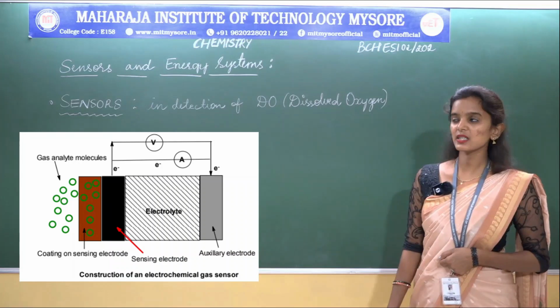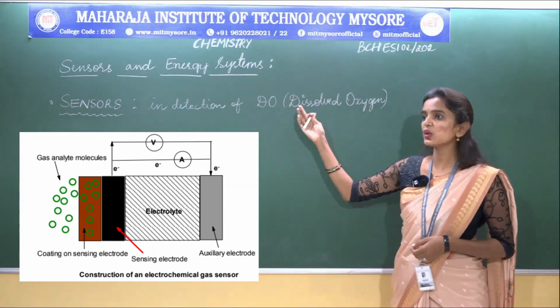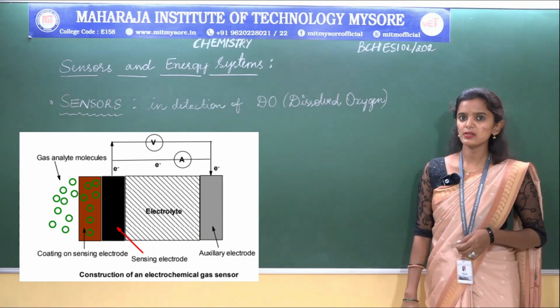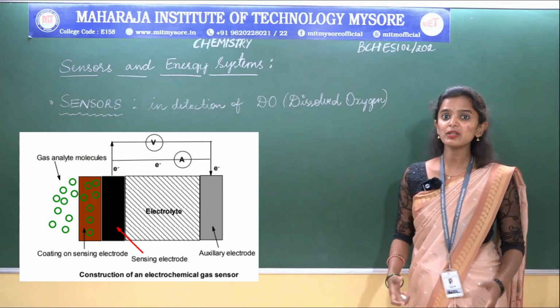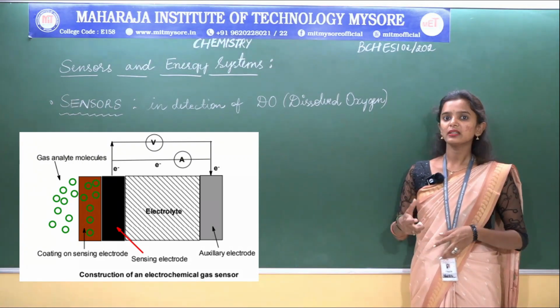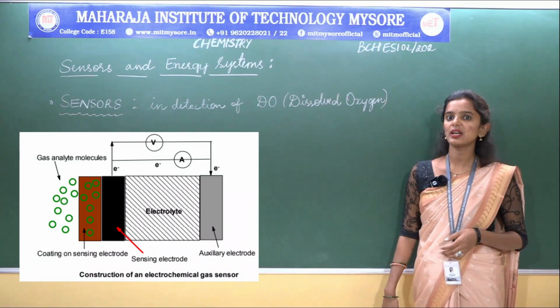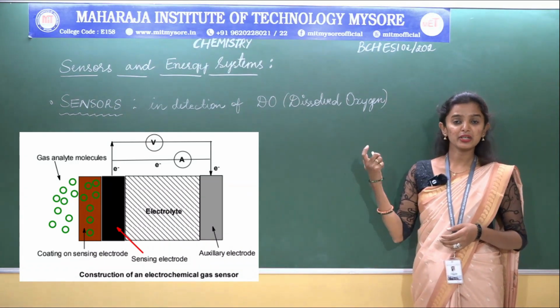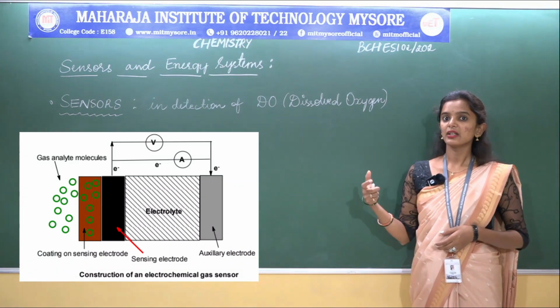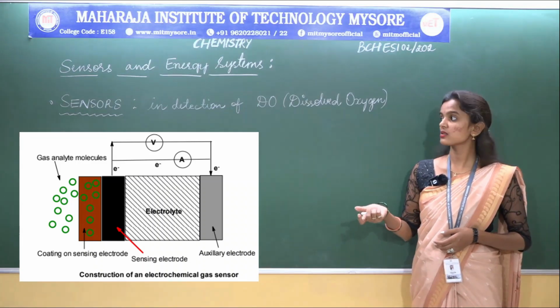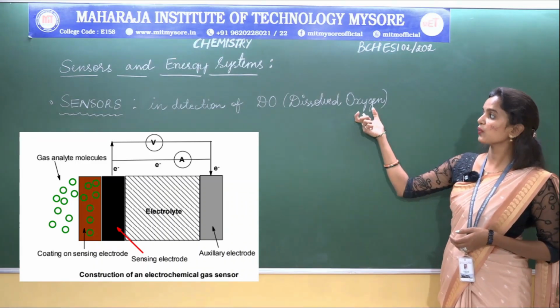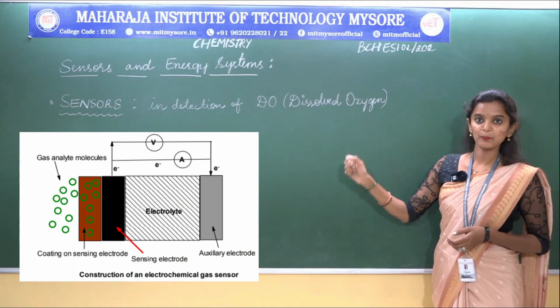Now, let us study the detection of dissolved oxygen using an electrochemical sensor. As we all know, electrochemical sensors play a vital role in the detection of various components such as hydroxypyrene, pharmaceuticals, and various other factors, and detection of dissolved oxygen is one among them.